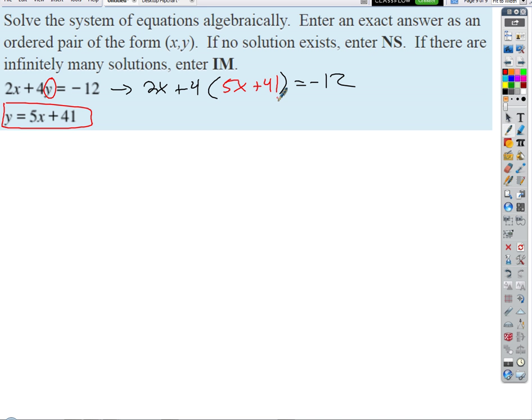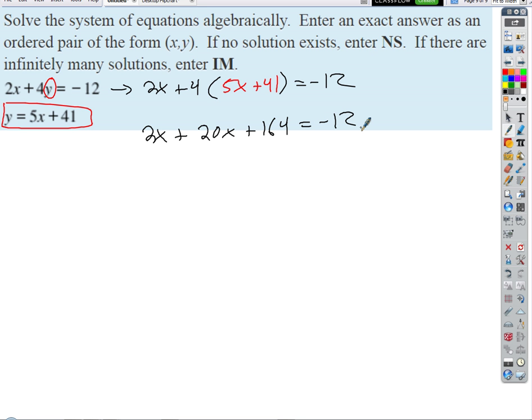5x plus 41. Okay, so then, Angelica, what am I going to get if I clean this up? What do I have to do to clean this up? Okay, I'm going to distribute the 4 and combine like terms. So that's going to give me 2x plus what? If I distribute the 4, what am I going to get? Good. 20x plus, what's 4 times 41? 4 times 40 would be 160. 4 times 1 is 4, so 164.